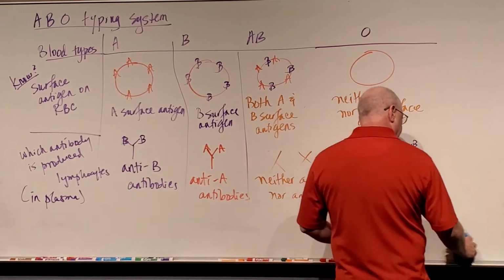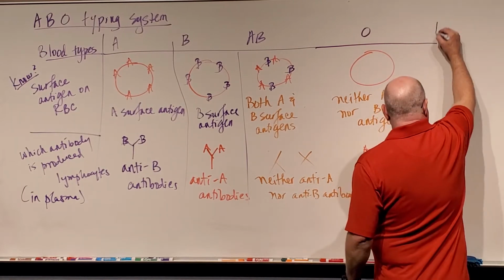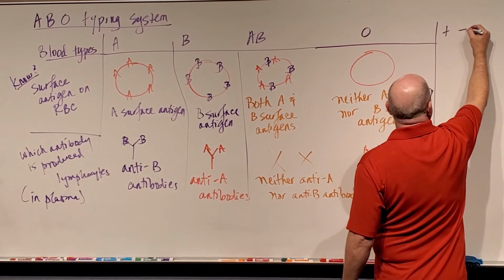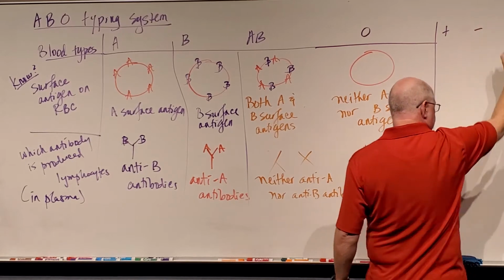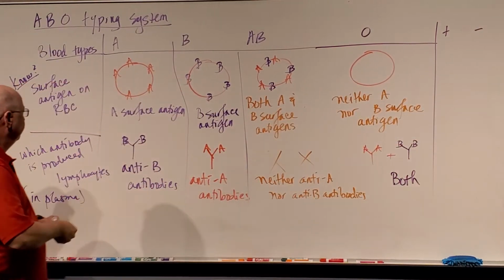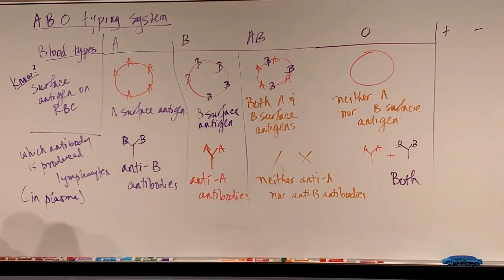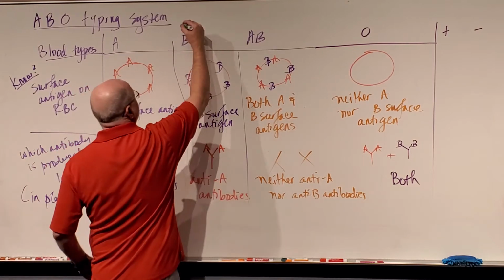Now, we're going to do positive and negative in just a moment. And I know I'm getting to the edge of the field of view here, but let me just make this clear. Before we even get into positive or negative, we need to talk about which blood types you can receive.